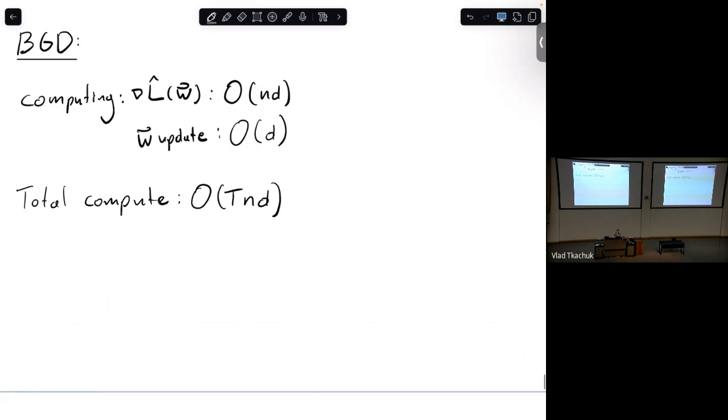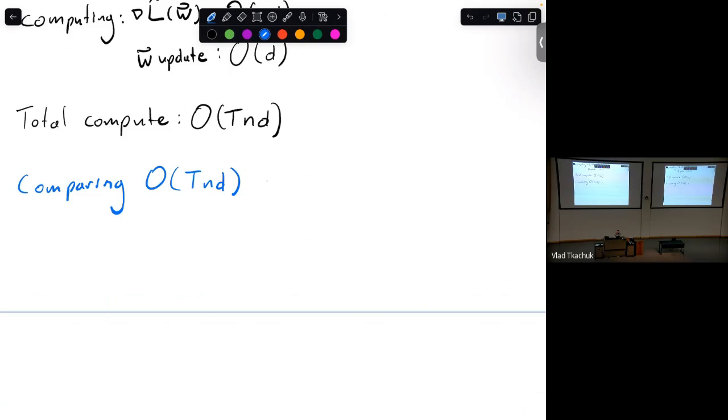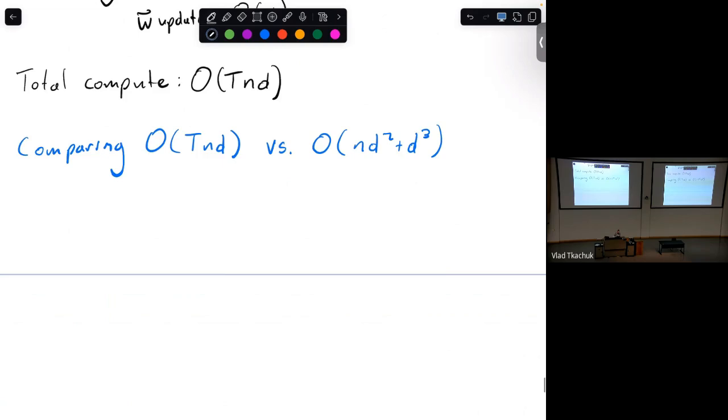Okay. And so now we compare the two, and I will end on that. So these are the two things we want to compare: big O of tnd versus big O of nd squared plus d cubed. You can do various case analysis, but the big one we're going to look at is if your number of iterations is less than d, strictly less than the dimension d, and I told you d can be in the trillions.